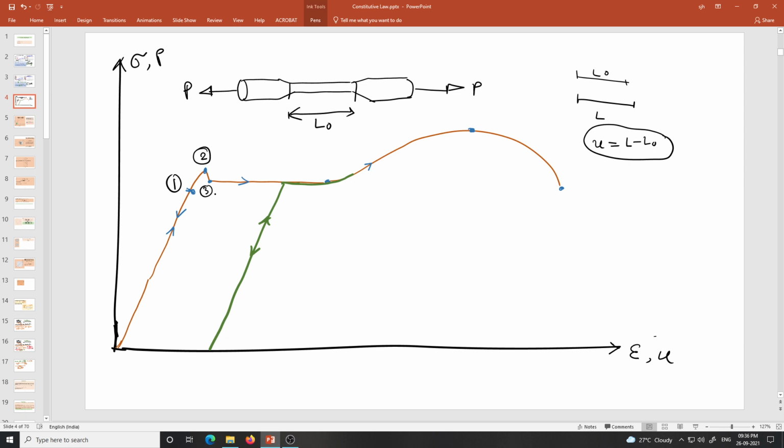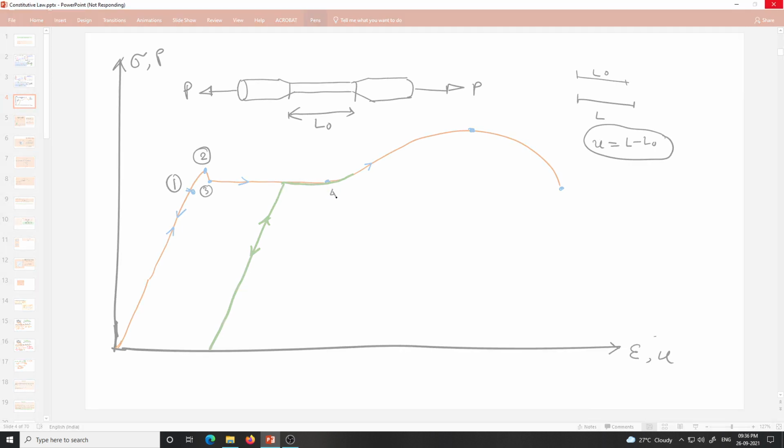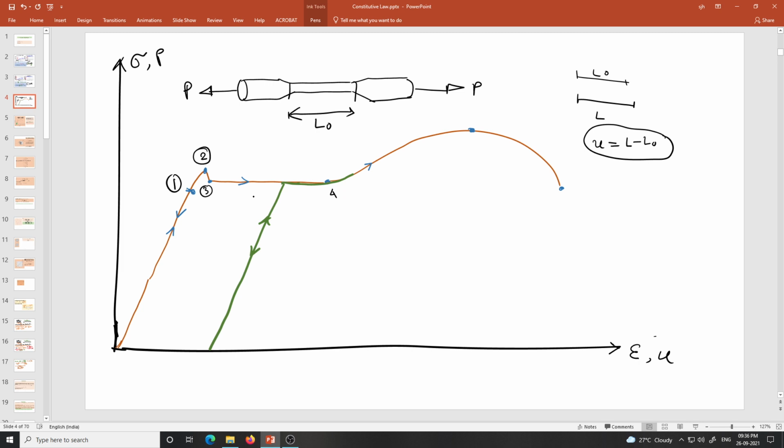Then we shall observe the increase in the deformation without any change in P up to the point 4. So we shall not observe any increase or decrease in the load value P from 3 to 4, and beyond 4 again we shall observe an increase of the load P with the increase of the displacement U, up to the point 5.